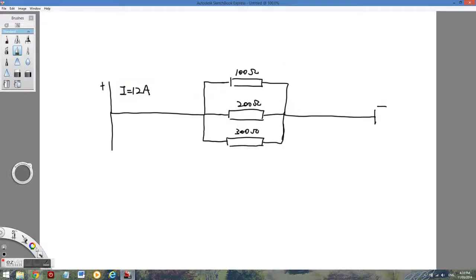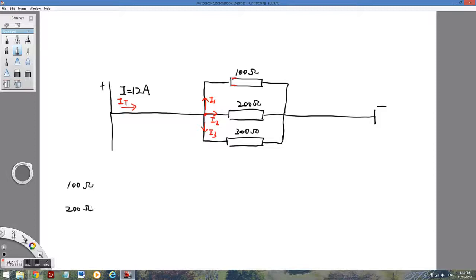Now look at this new example. In this example, the current of 12 amps is going to split into three parts, I1, I2, and I3. Let's find a ratio first.